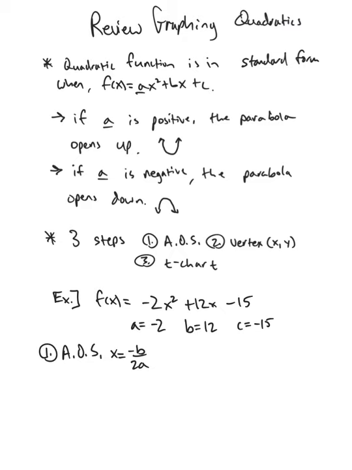So we've got negative, substitute in b, which is 12, over 2, substitute in a, which is negative 2. Again, use parentheses when you substitute here, so we can get our signs straight. So we get negative 12 over 2 times negative 2, which is negative 4. Guys, the axis of symmetry is going to be x equals 3.